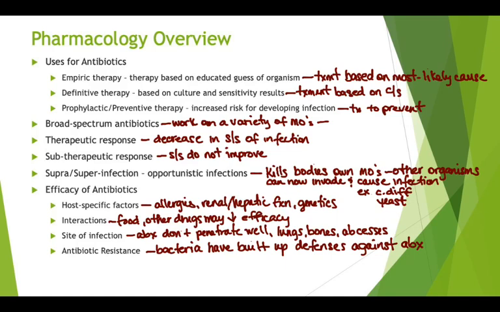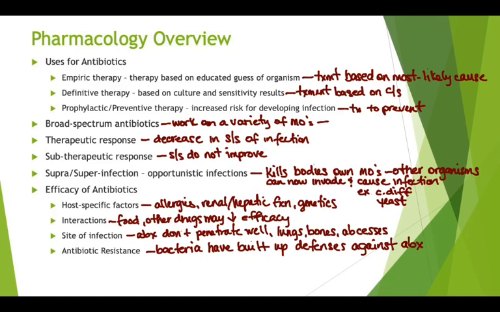They're going to test the susceptibility of various antibiotics when they do the cultures. Usually the culture and sensitivities are available 48 to 72 hours after we've done them. They could be done from the blood, depending where the infection is. So a blood culture or a sputum culture or a wound culture could all be done, and they're done prior to starting the antibiotic.